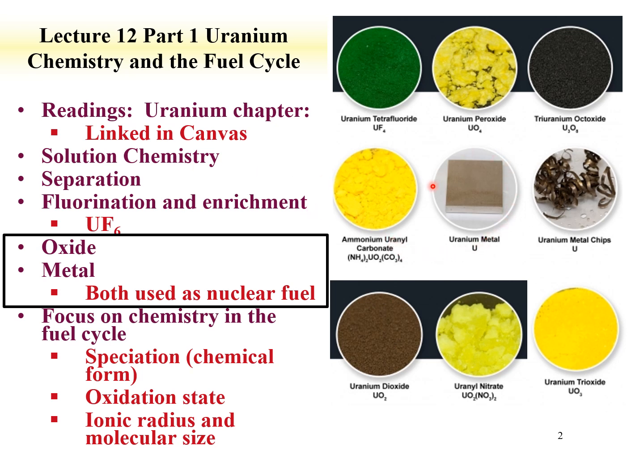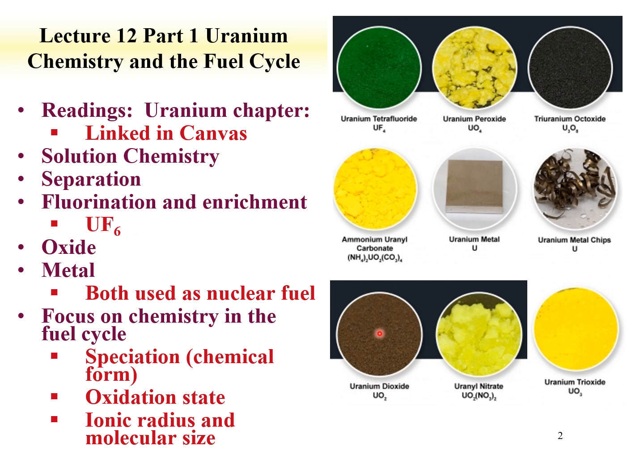For nuclear fuel, uranium metal shown here, and the oxide is dominated by UO2. One thing that will come out in the lecture when we discuss the chemistry of uranium oxides is that it's rather complex. Here we see UO2, U3O8, and UO3.